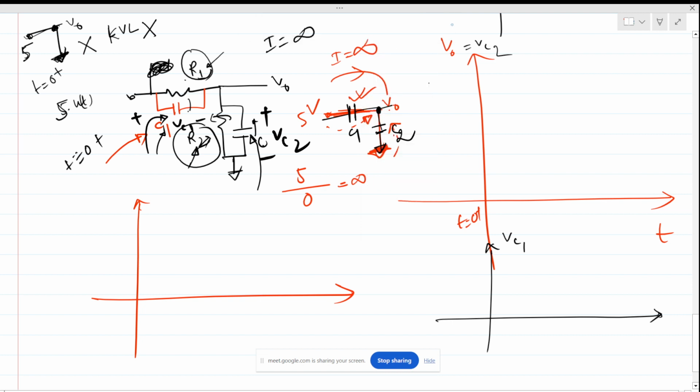We normally know that a capacitor cannot change its potential suddenly, but in this case the current is infinite, so the potential can change suddenly. Now what will be VC1? VC1 will be C2 times 5 divided by C1 plus C2, and VC2, which is V out, will be C1 divided by C1 plus C2 times 5.